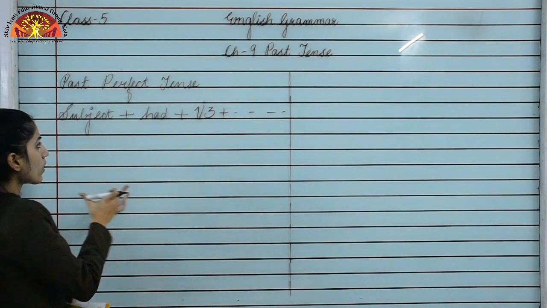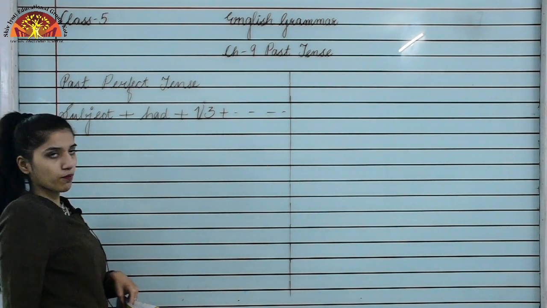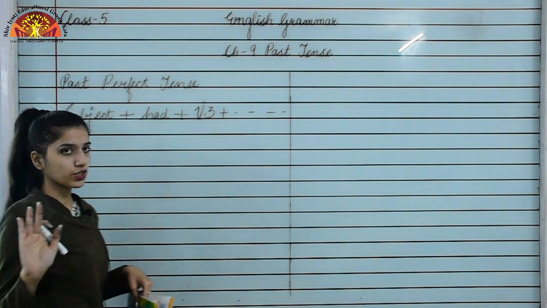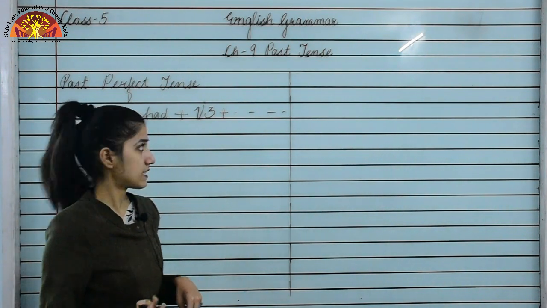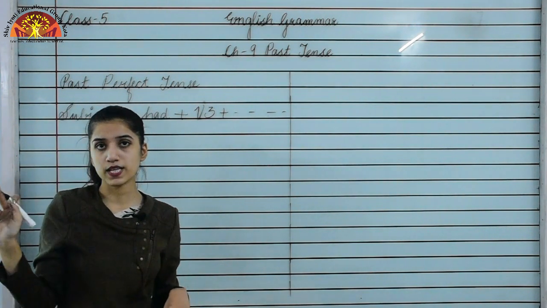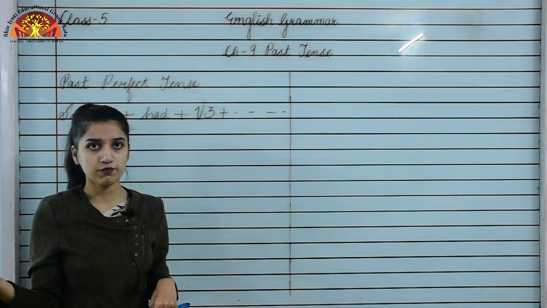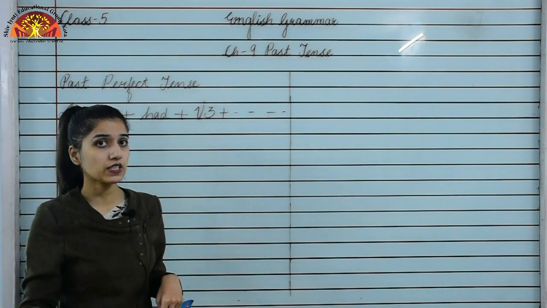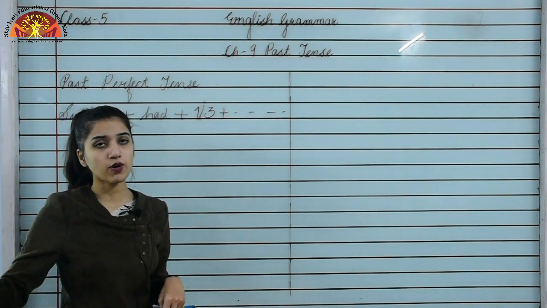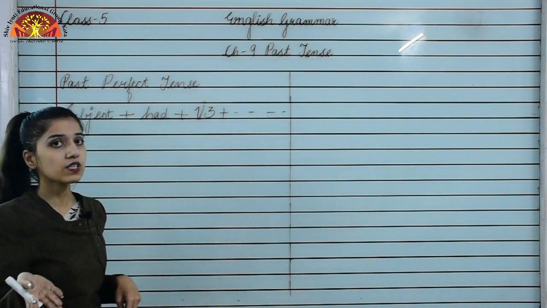So what structure does this past perfect tense have? Subject, had plus the third form of the verb, and then it is continued by the rest of the sentence. The third form we have already seen. It was the past participle forms that we have seen in the present tense chapter. That was in chapter 8, and I hope you have learned these third forms of the verb also.